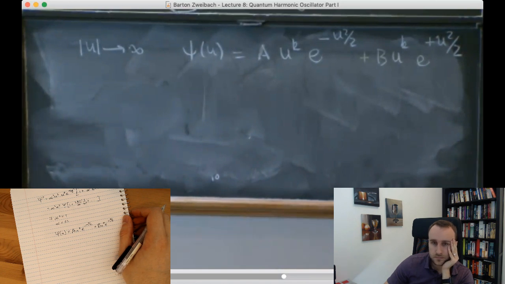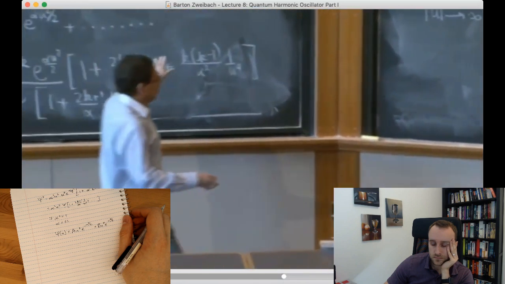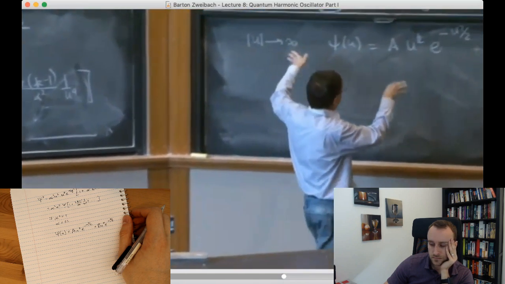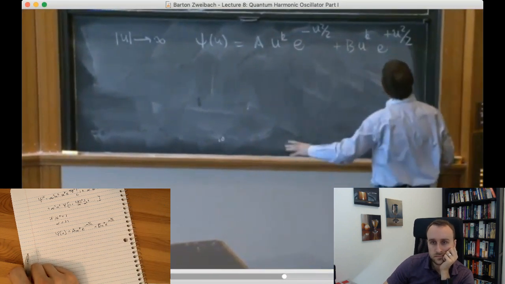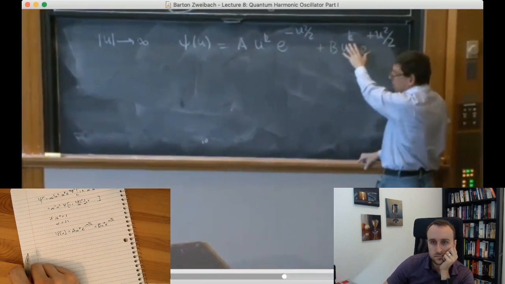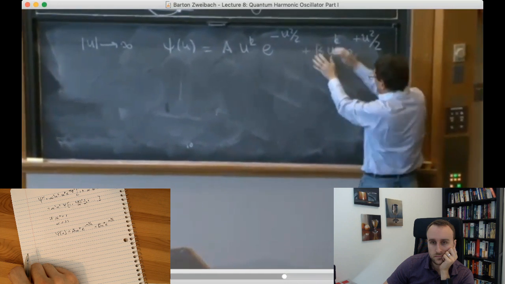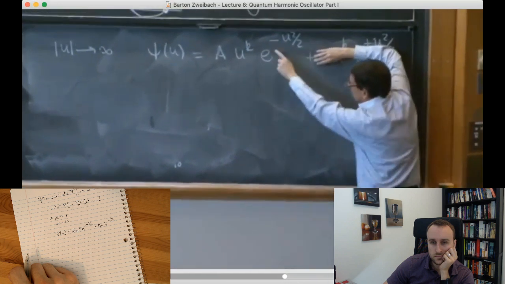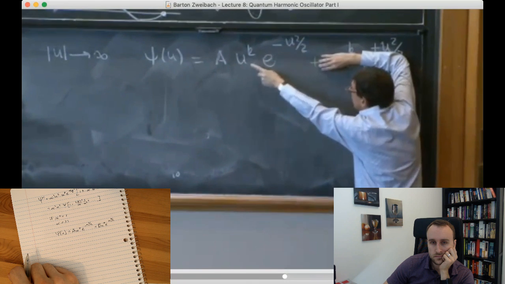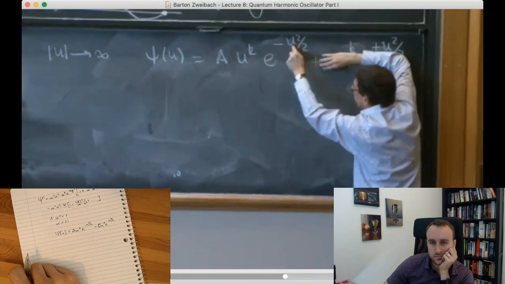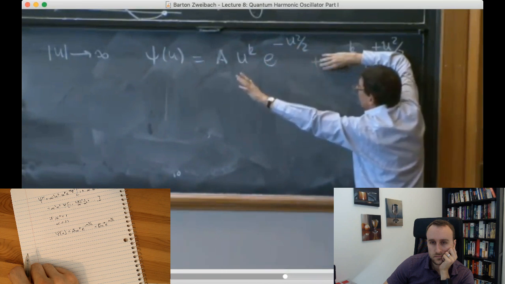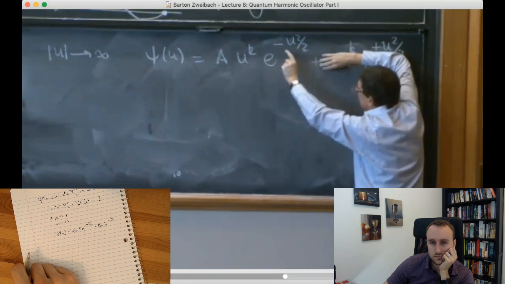So look at what has happened. We've identified that most likely your wave function is going to look like this at infinity. So we're going to want this part not to be present. Presumably we're going to want a solution that just has this, because this is normalizable. The integral of any power times a Gaussian is convergent, so this can be normalized.